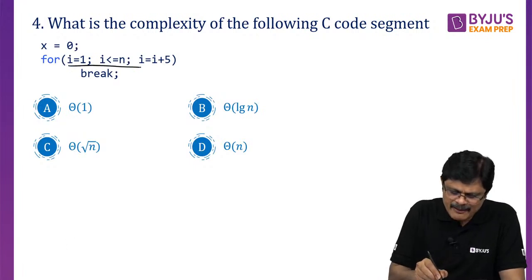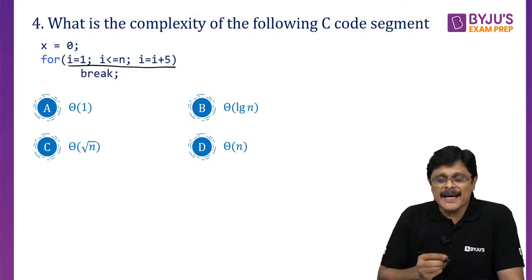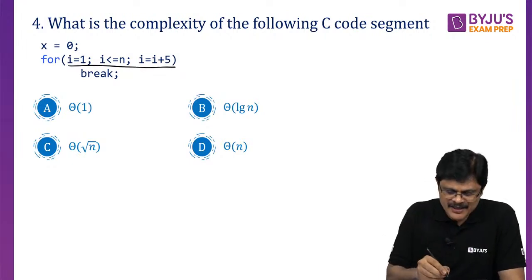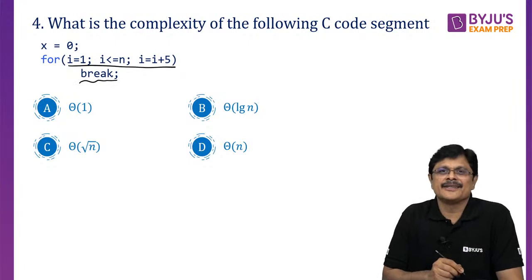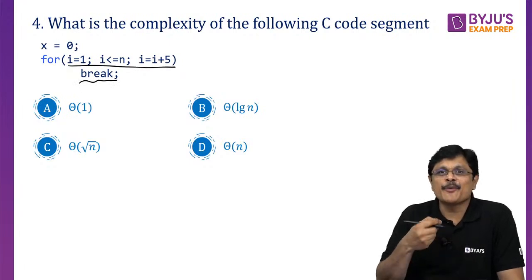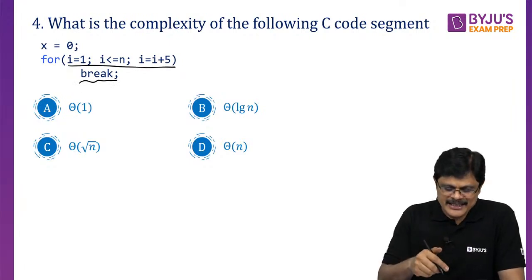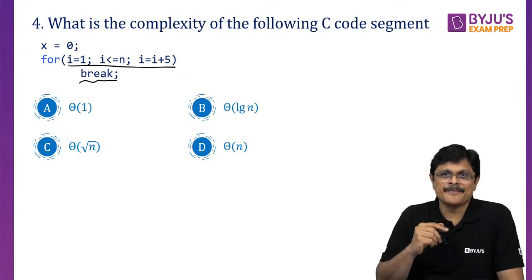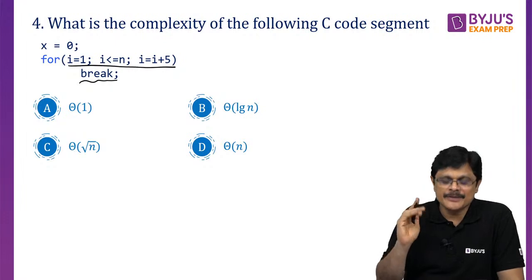So you're just seeing a for loop, but sometimes when you use it together with the programming language, we also need to understand the statements in the programming language. Okay? See the break statement. What will the break statement do, my dear friends? It will terminate the loop.